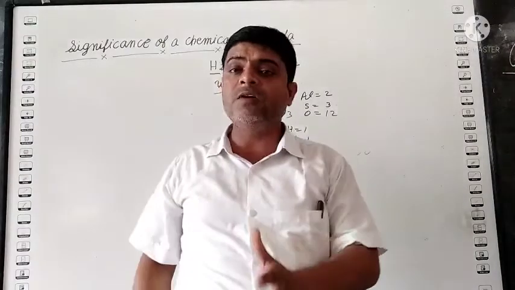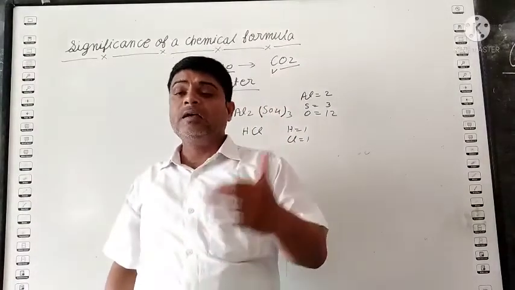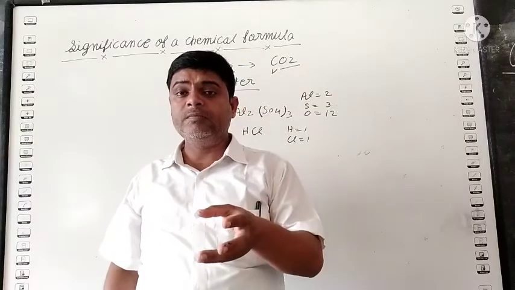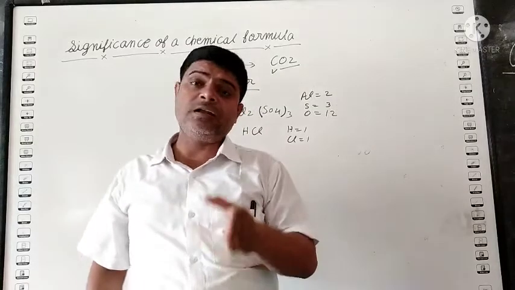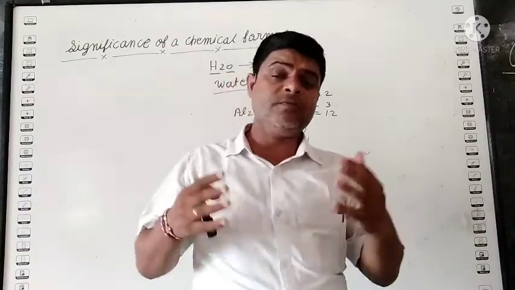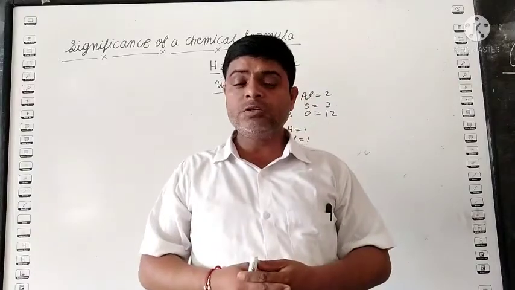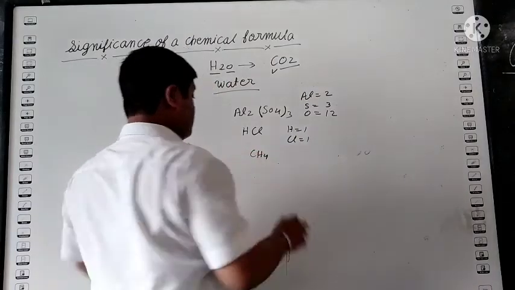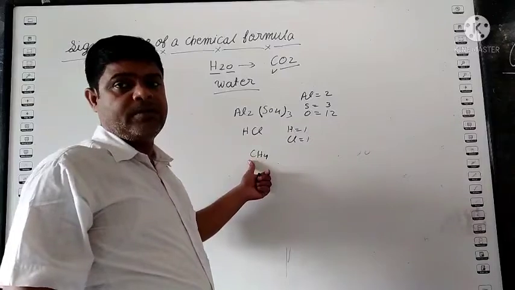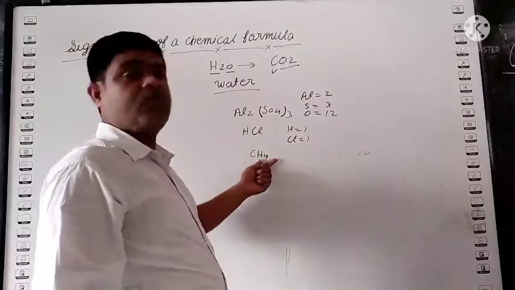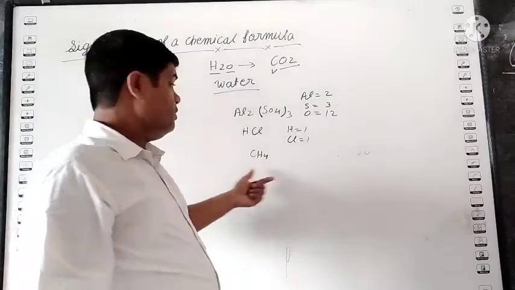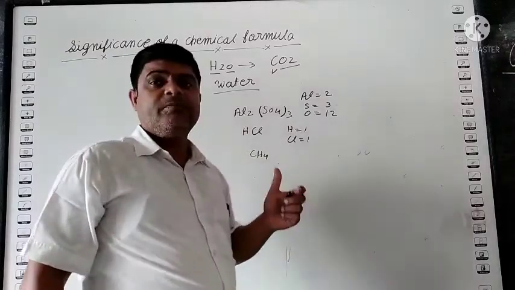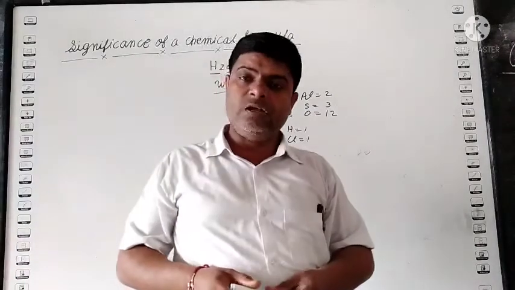With the help of the formula, we easily identify the composition, how the thing is formed, and how many atoms or ions join together to form the compound. CH4, methane. How many carbon atoms? 1 carbon atom. And how many hydrogen atoms? 4 hydrogen atoms. So, student, these are some things we easily get from the symbol of the formula.